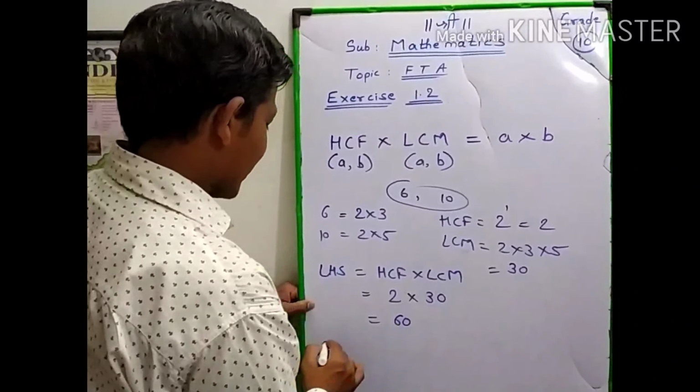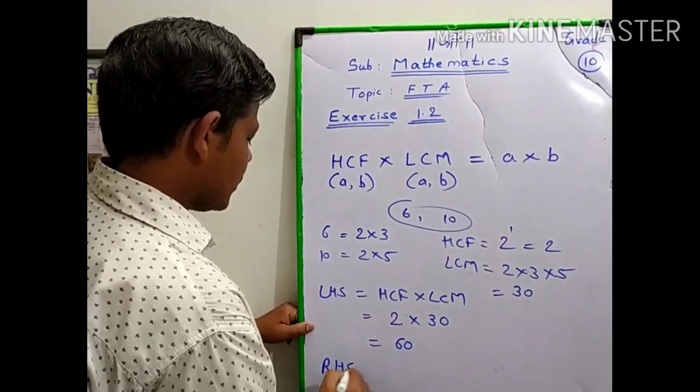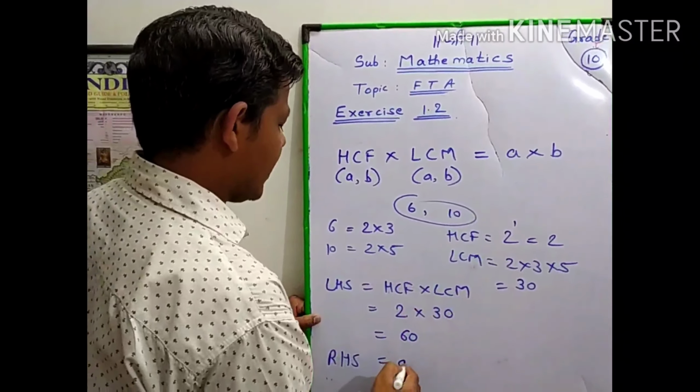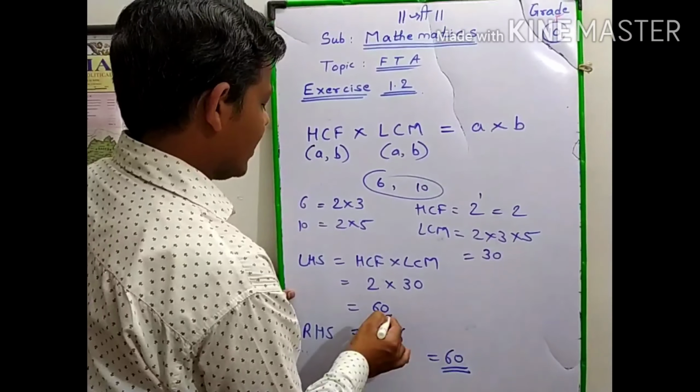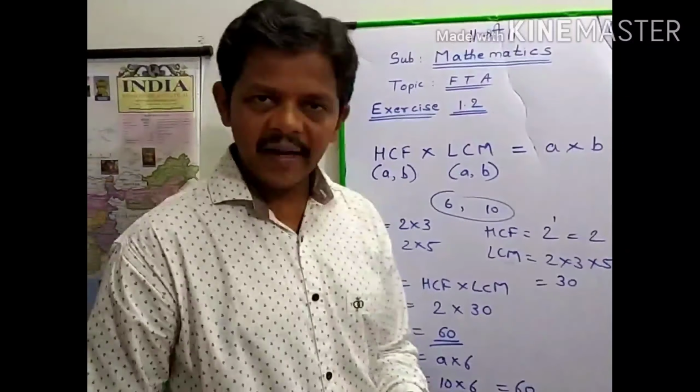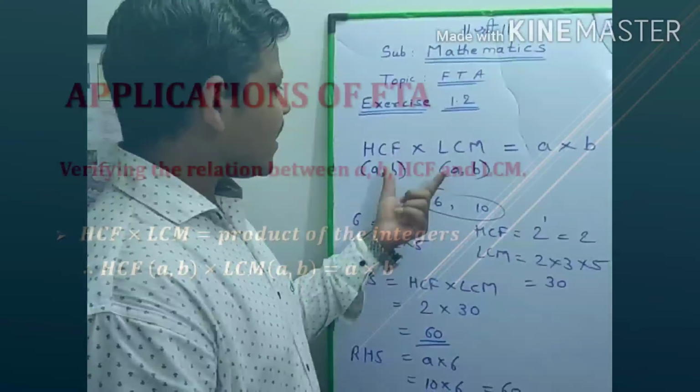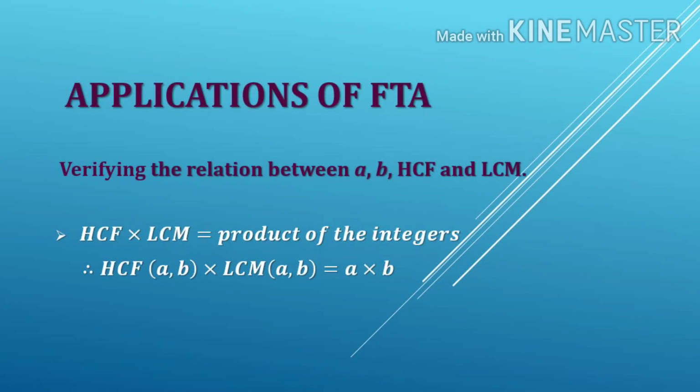And the right hand side is the product of the two integers, that is A into B. A is 10, always A is the greater integer, B is 6. 60. Did you get it? Left hand side is equal to right hand side. That means HCF into LCM is equal to A into B, the product of the two integers. So this is our example.